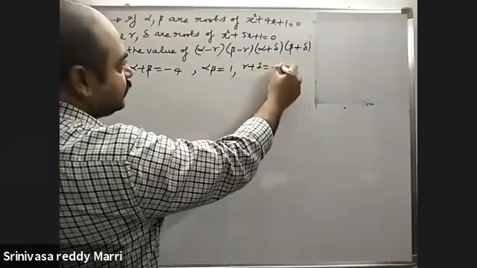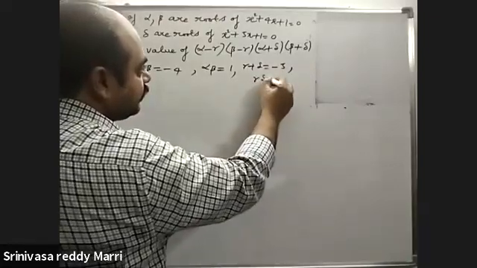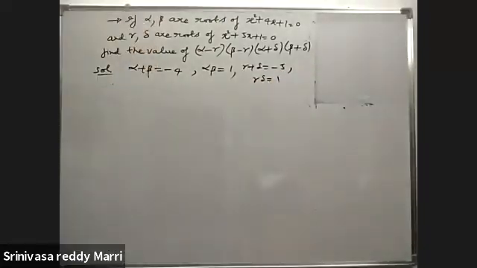Gamma plus delta is nothing but minus 5, gamma delta is nothing but 1. Everybody will write this, no problem at all.